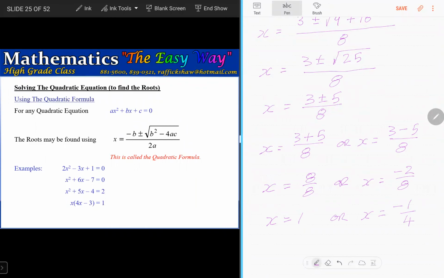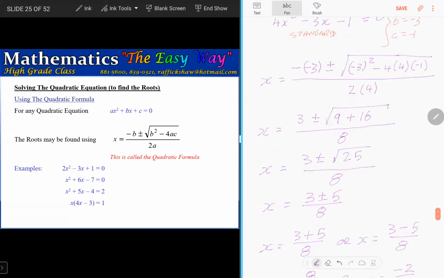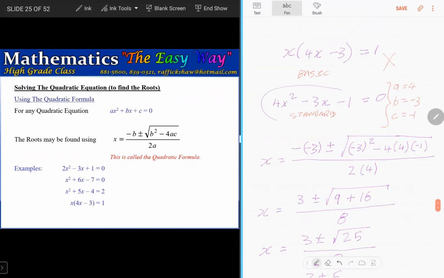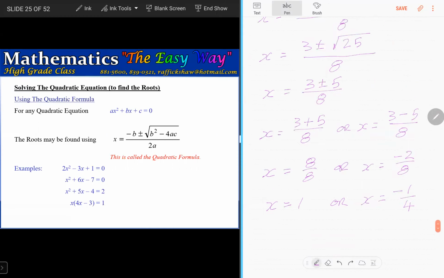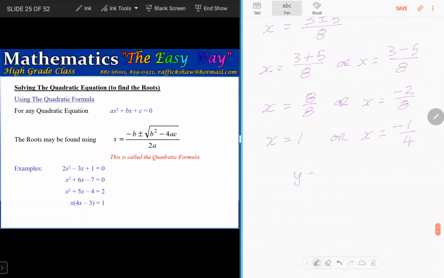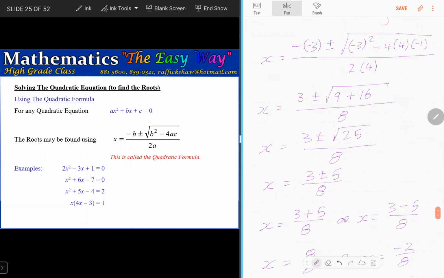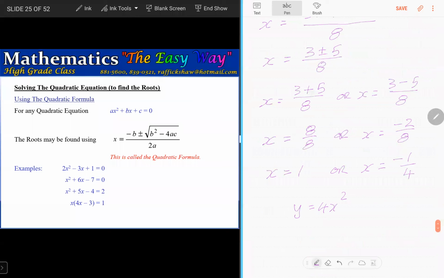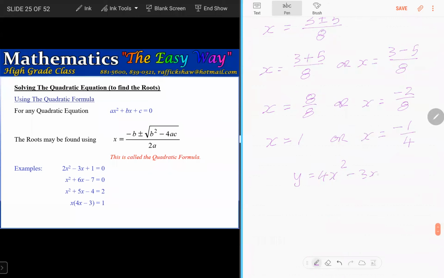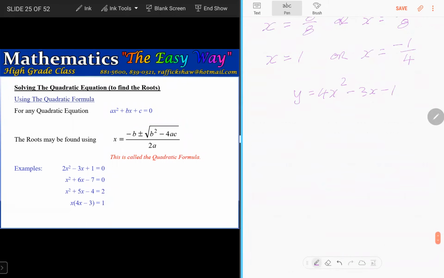All right, and if we relate it back to the standard equation up here, the function y equals 4x squared minus 3x minus 1, that function would have roots 1 and negative a quarter.